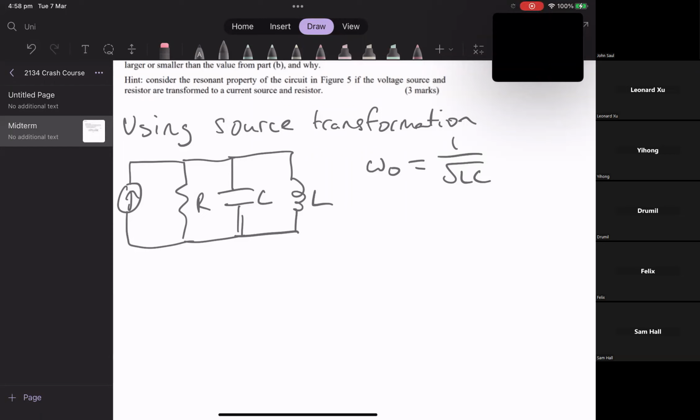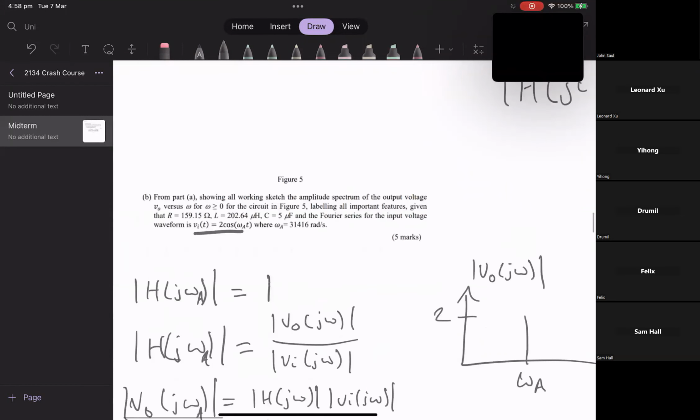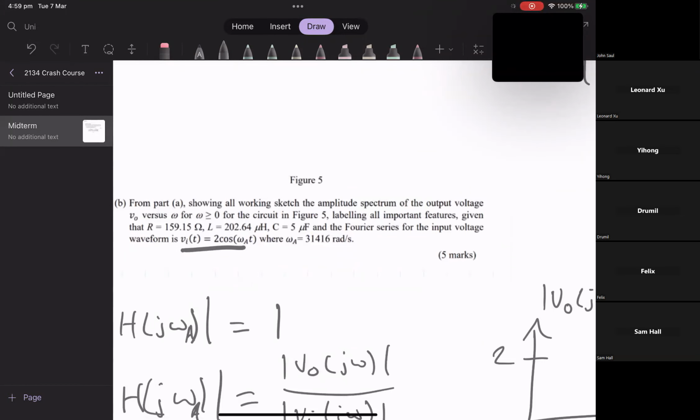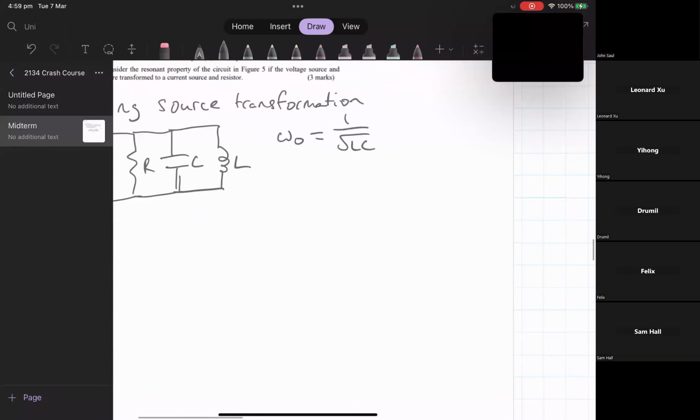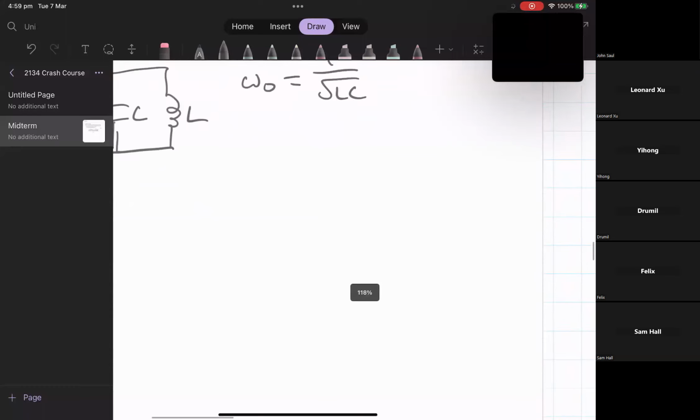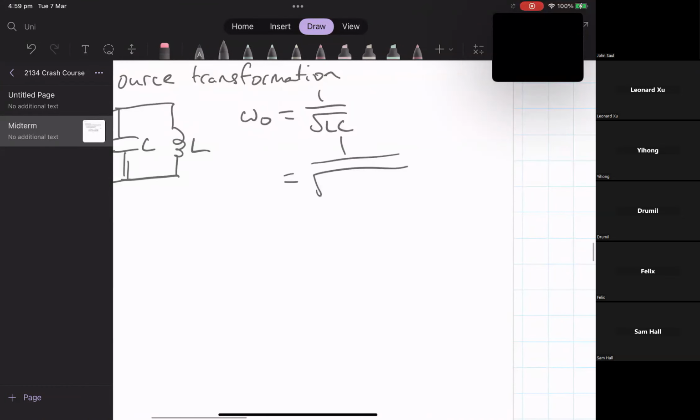So if we substitute in our previous values, we have 202.64 microhenries and 5 microfarads. That gives us 31416 radians per second.